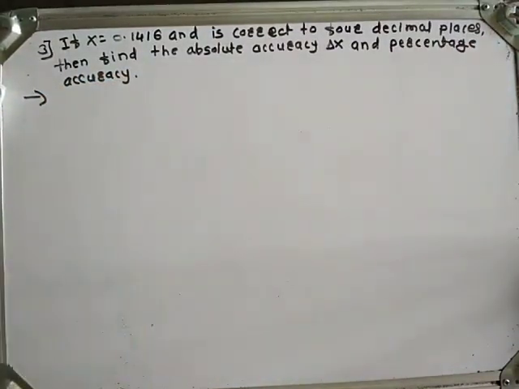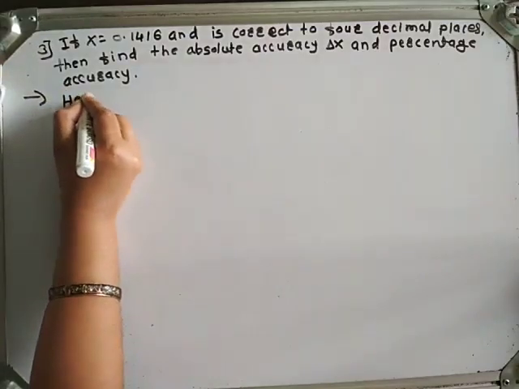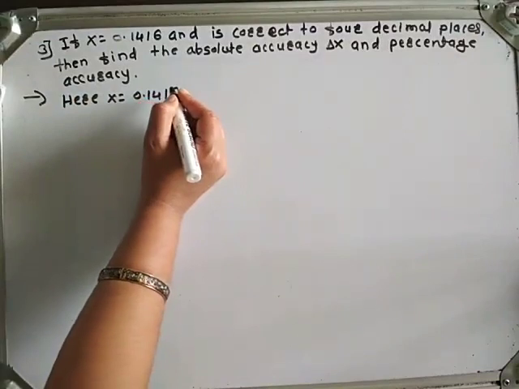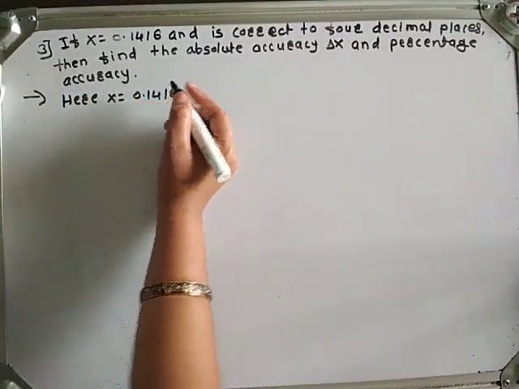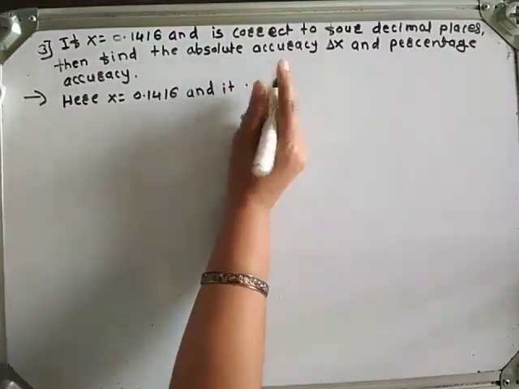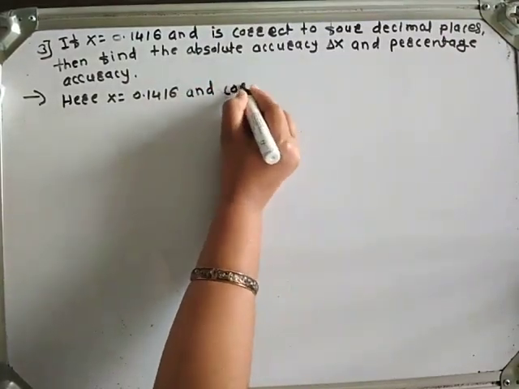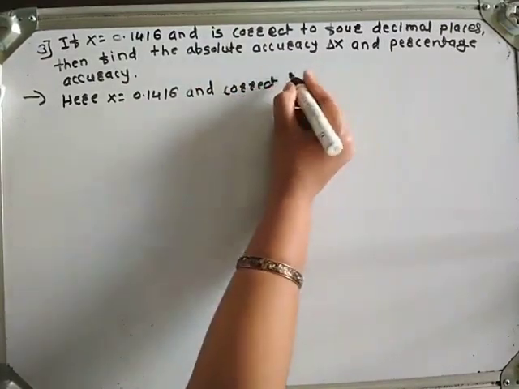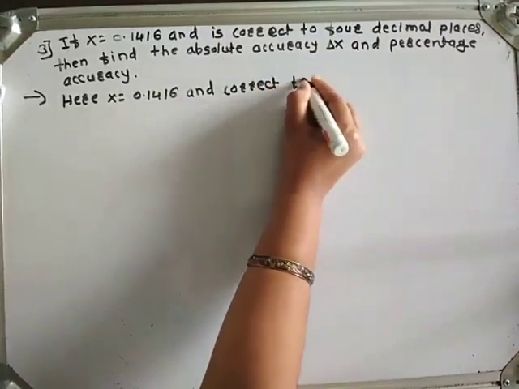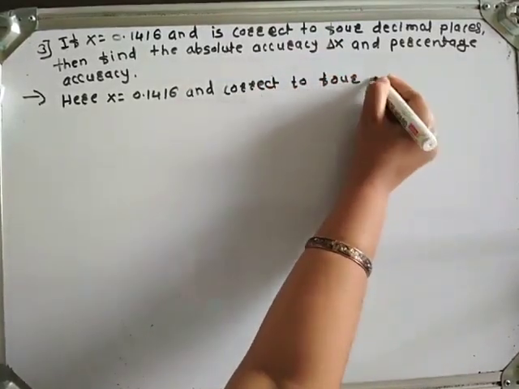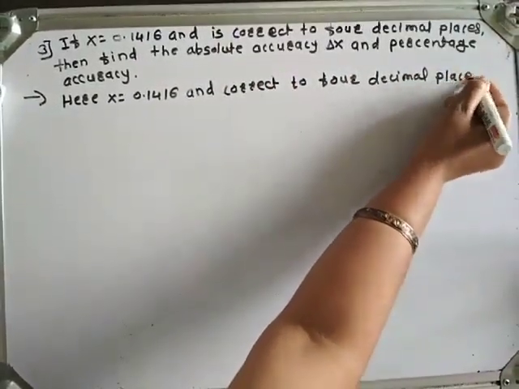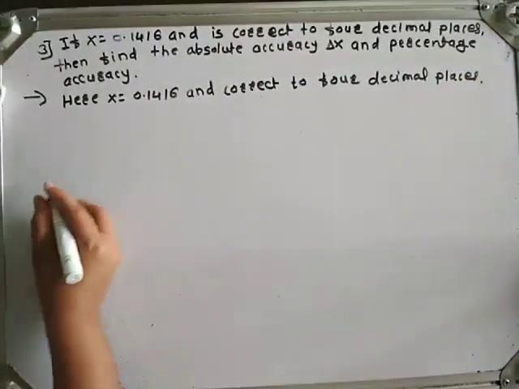See here what we have been given. Here x is equals to 0.1416 and it is correct to 4 decimal places.